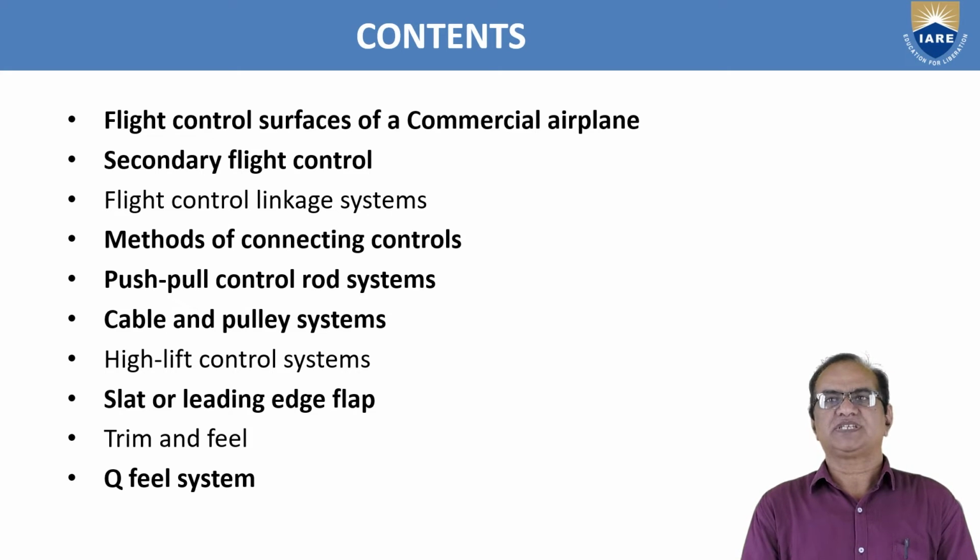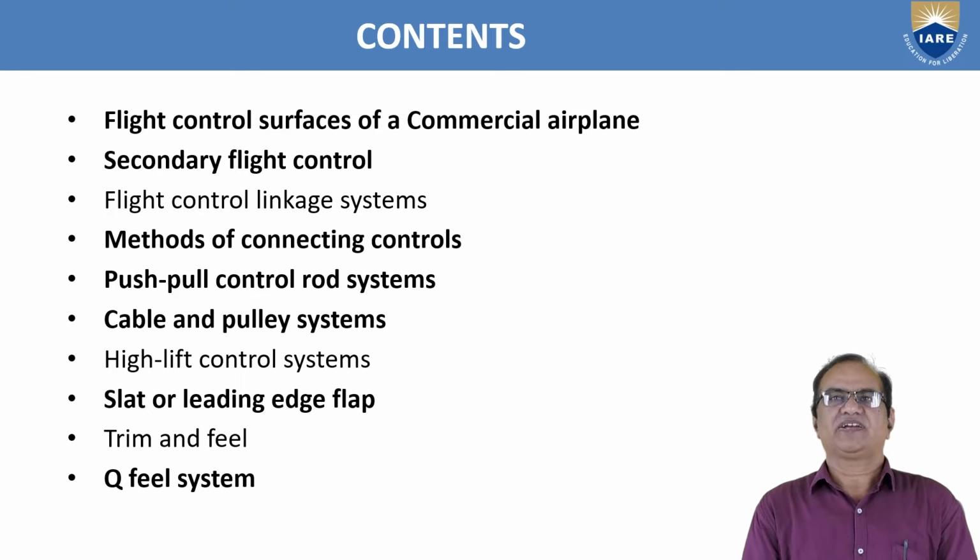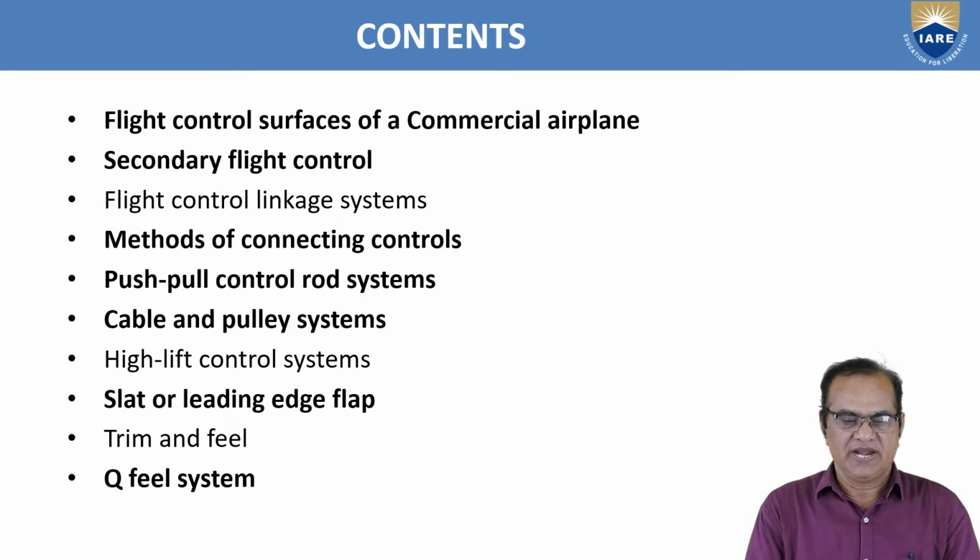Today I am going to discuss these topics of the day: flight control surfaces of a commercial airplane, secondary flight control linkages systems, methods of connecting controls, push-pull control rod system, cable and pulley system, high lift control system, slats or leading edge flaps, trim and feel and Q feel system.